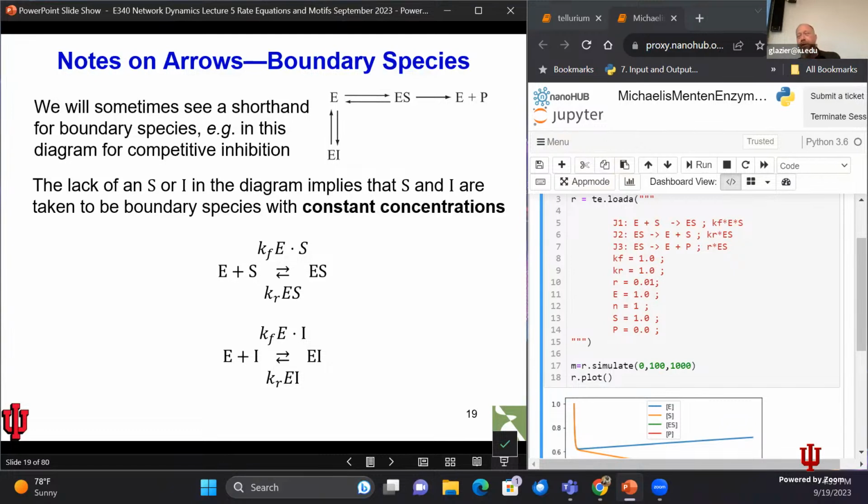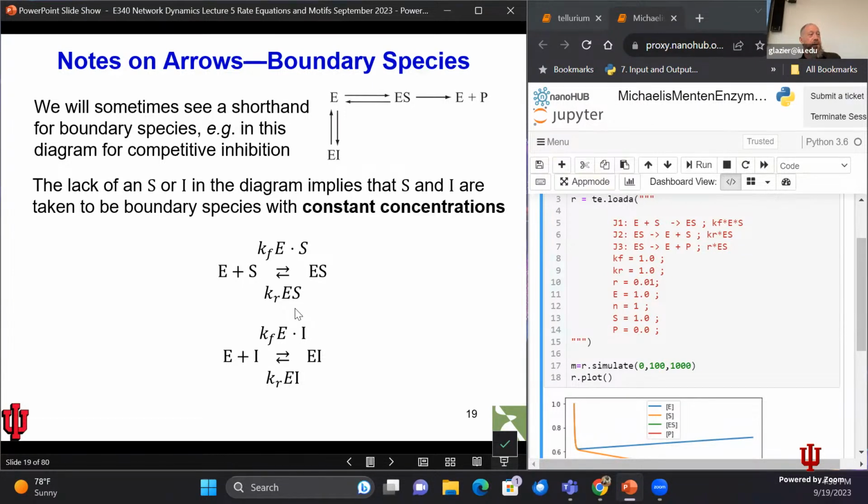It's a little bit like trying to interpret Chinese characters, I think. And so that means that this E goes to ES is actually E plus S goes to ES at a rate KF times E times S. The back reaction is okay because there's no second term. So the back reaction is just KR times ES. Similarly, E goes to EI.